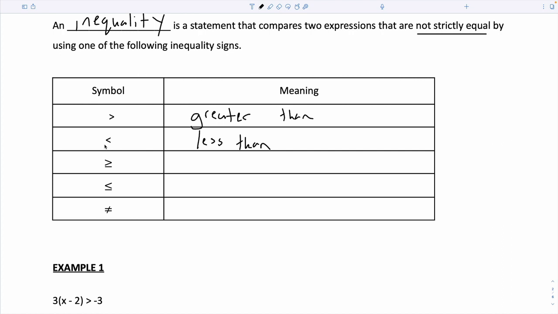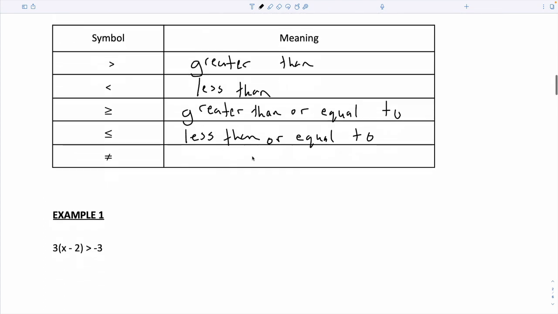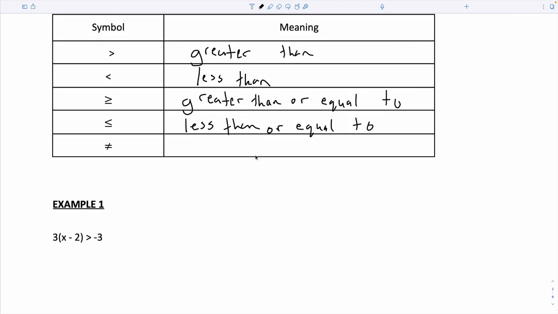When you have a line underneath it, it automatically makes it greater than or equal to. And then the reverse of that, reading left to right, would be less than or equal to.